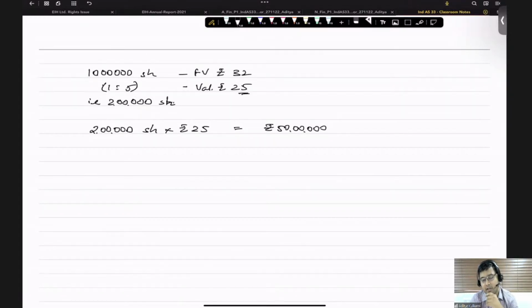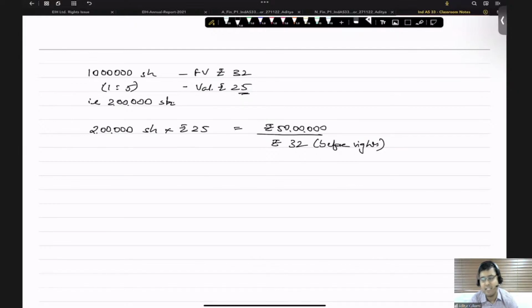But tell me, sir, is this 50 lakhs the fair value for 2 lakh shares? No, it's not. The fair value of each share is rupees 32. Can I say it is 32? No, you cannot. This fair value is before the rights.